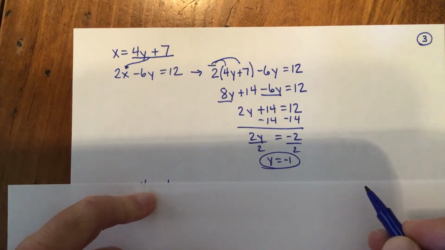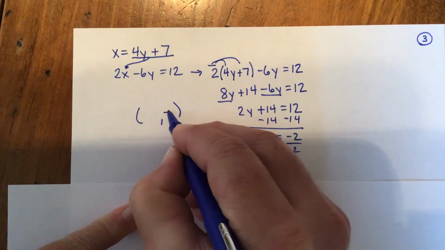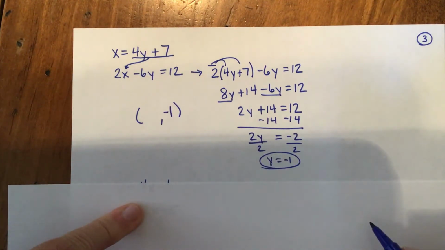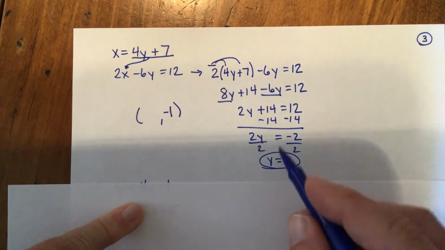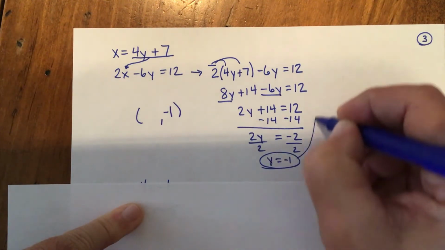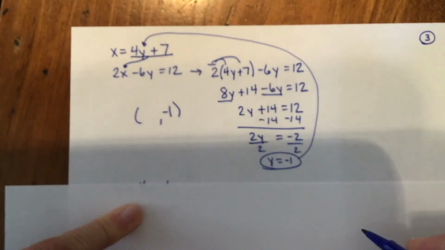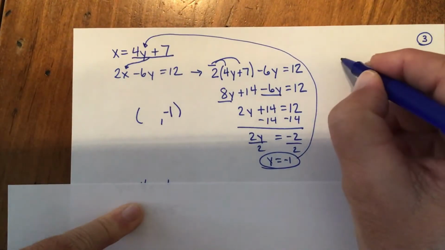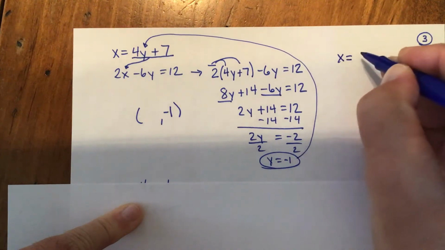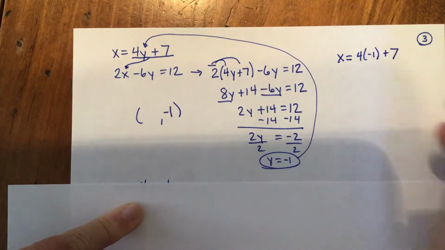Hey, how about that? So I'm going to put my answer over here, y is negative 1. Now I have to find out what x is. So again, I'm going to take this and sub it in right there. So x is equal to 4 times negative 1 plus 7.